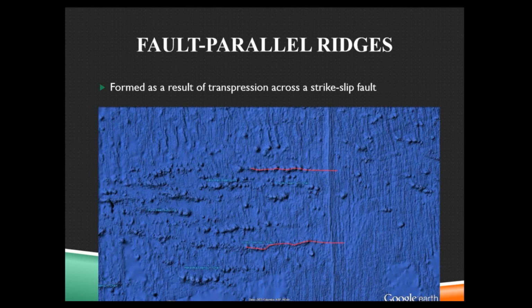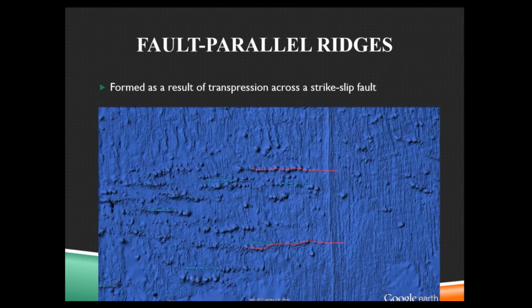These transform faults are not perfect straight lines. Nobody went out there with a ruler and a razor blade and sliced a gash in the earth to release that stress. It happened at whatever angle and changing angles it could based on the rock properties. So this means that we have areas of transpression along these transform faults. Those transpressional areas, pressure creates uplift, we get ridges.